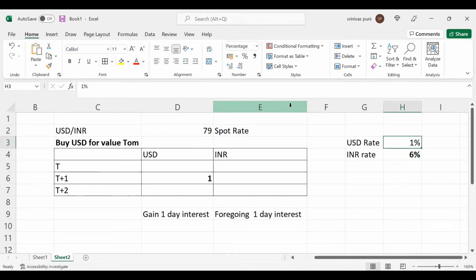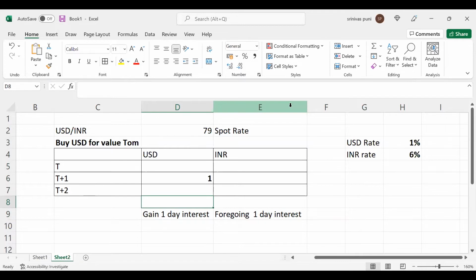So as a buyer of dollars, I am losing out 6% interest on my rupee amount, but I'm only getting 1% interest extra on my dollar account. So the question is, why would anybody want to do it like this?